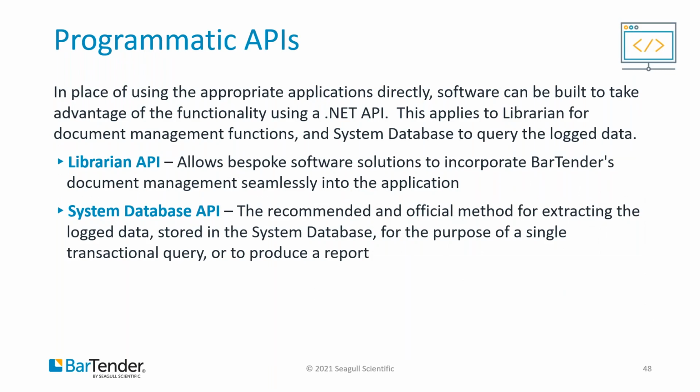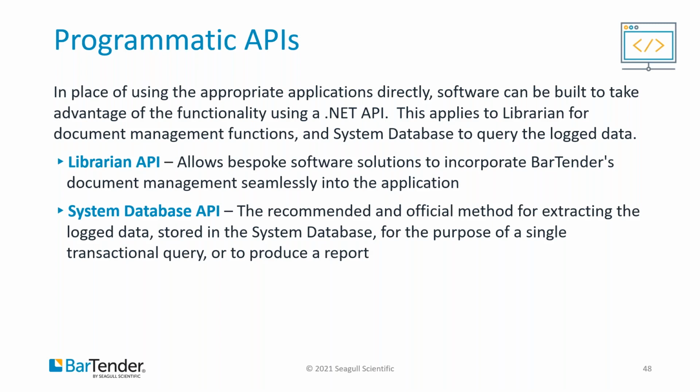Programmatic APIs. For those customers who are wishing to build software that can perform traceability functions, they can make use of our .NET APIs. This applies to the Librarian system for document management, and also for the system database in terms of querying the logged data.